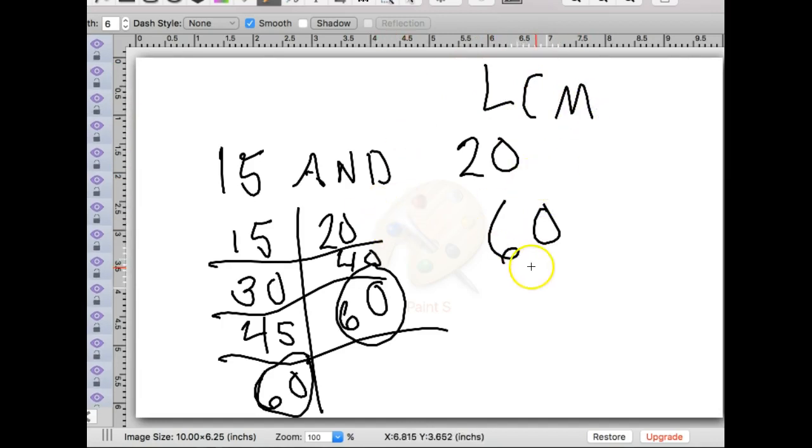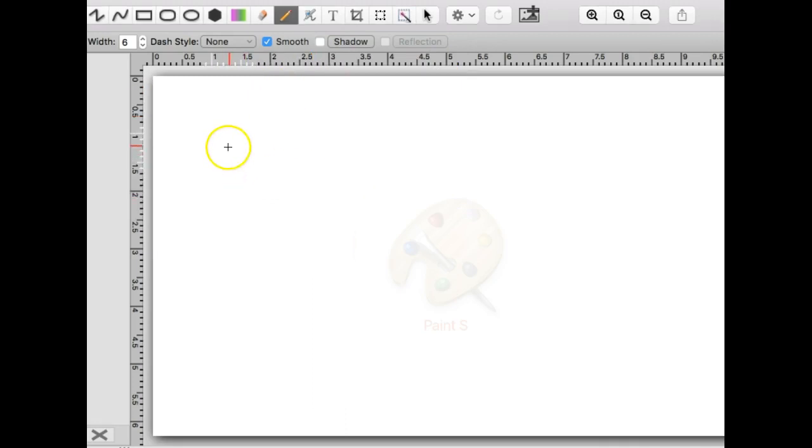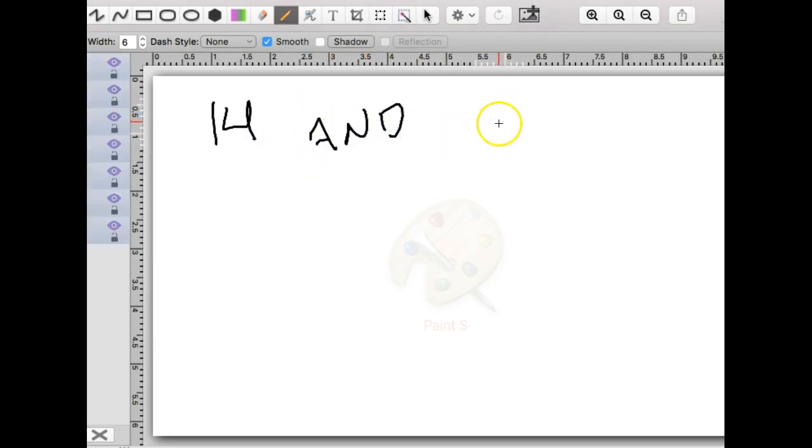Now, sometimes you're going to get numbers where perhaps you don't know your multiples. Let's say we have 14 and 16. Those are not ones you normally memorize.